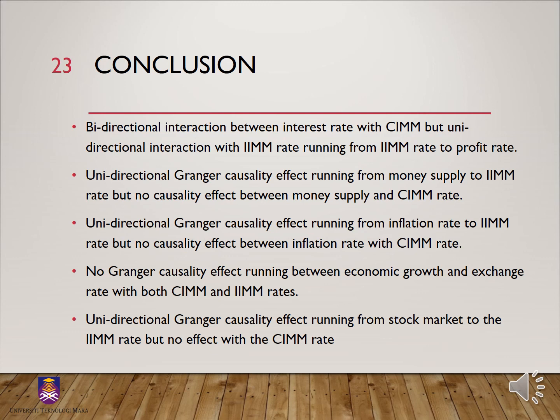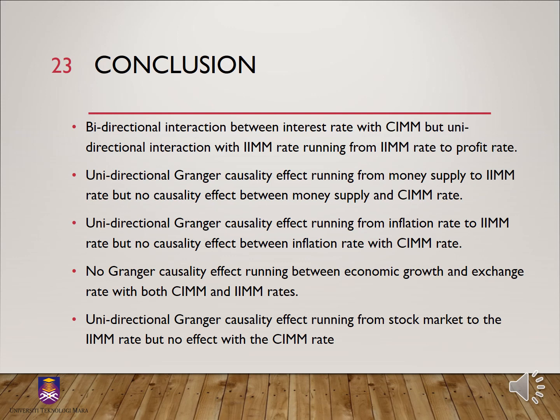In conclusion, the outcome of this study is unique in which this particular study investigates the causality effect of macroeconomic factors with the conventional and Islamic interbank money market in Malaysia. Especially, we found that there was bidirectional interaction between interest rate and the conventional interbank money market rate, but unidirectional interaction with the Islamic interbank money market rate.